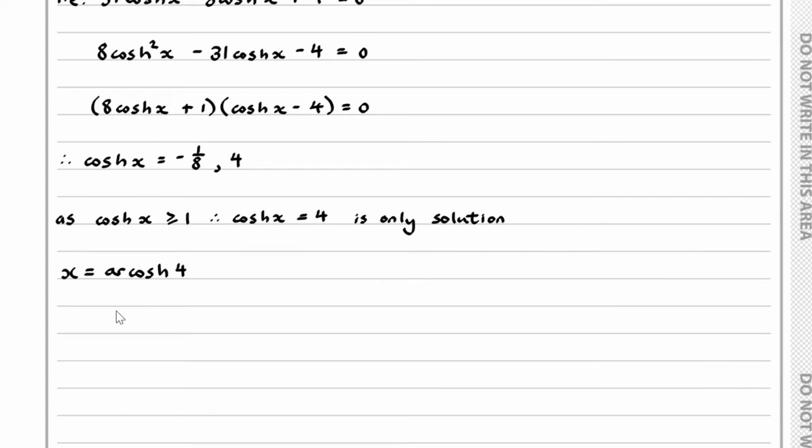So this is equal to the natural log of 4 plus the square root of 4 squared minus 1, and of course because 15 is less than 4, we can always include the minus as well, and that ensures we don't have a natural logarithm of a negative number.